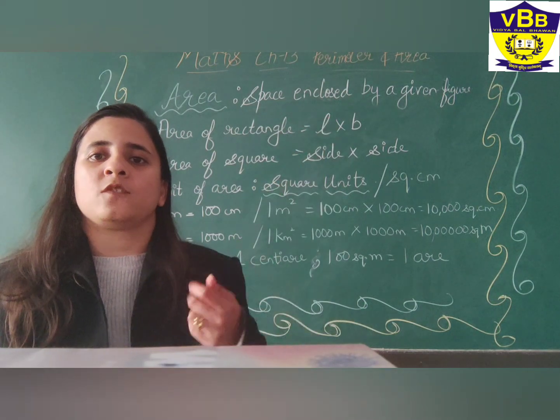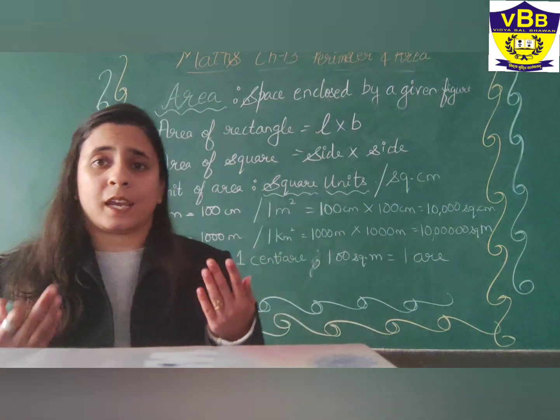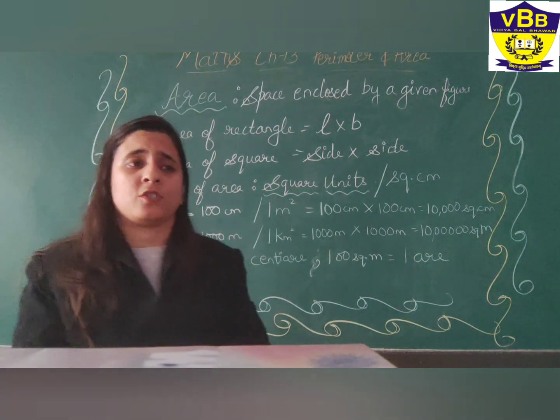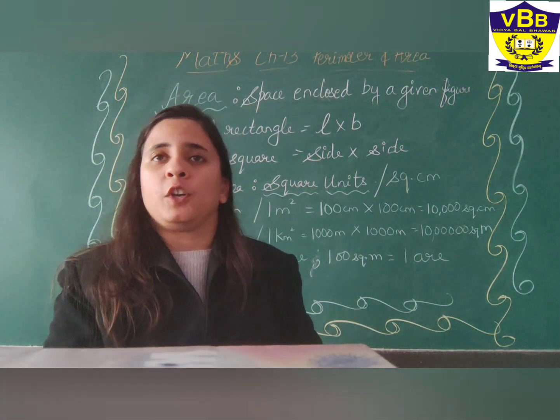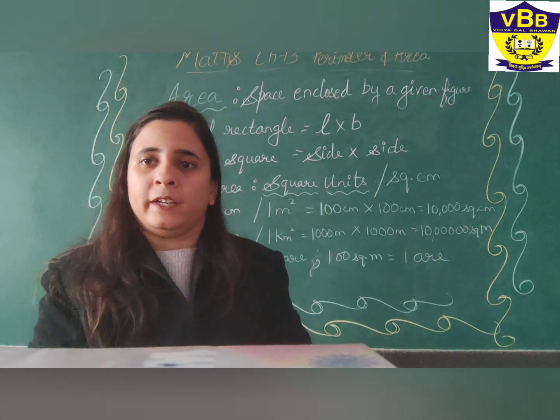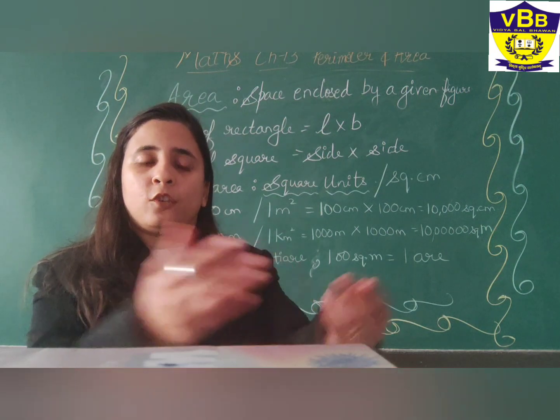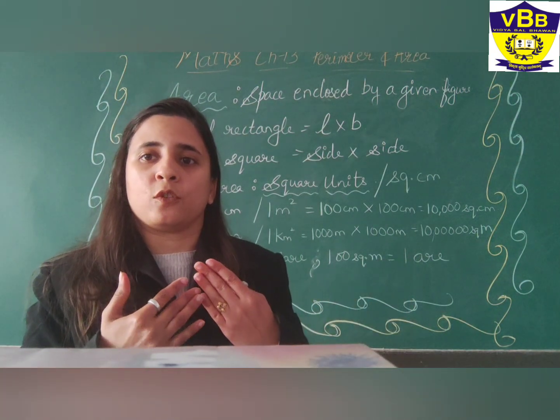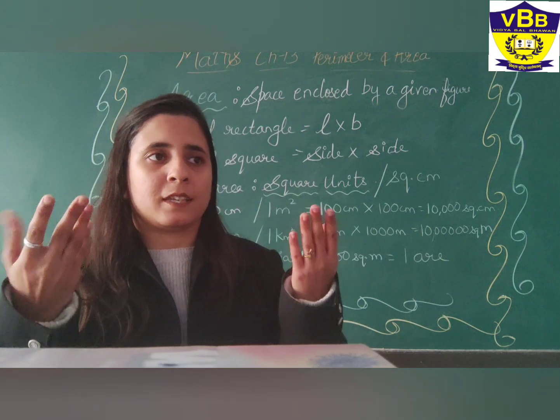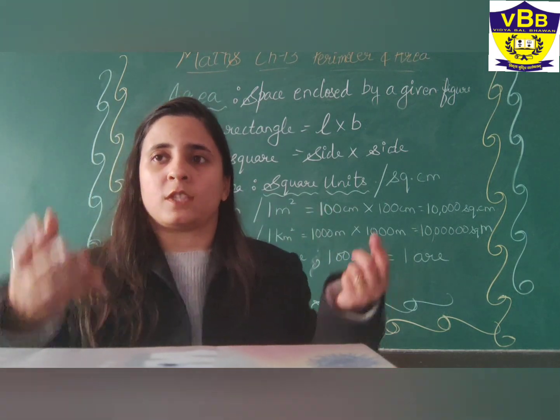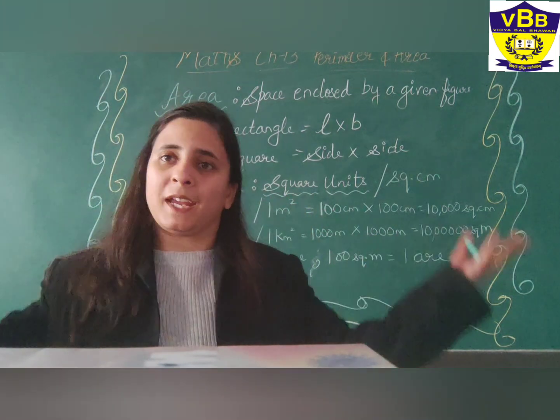These are the units which are used to calculate the area for the higher dimensions. Like suppose if you need to plow a field, or grow some vegetable, that requires a big land.